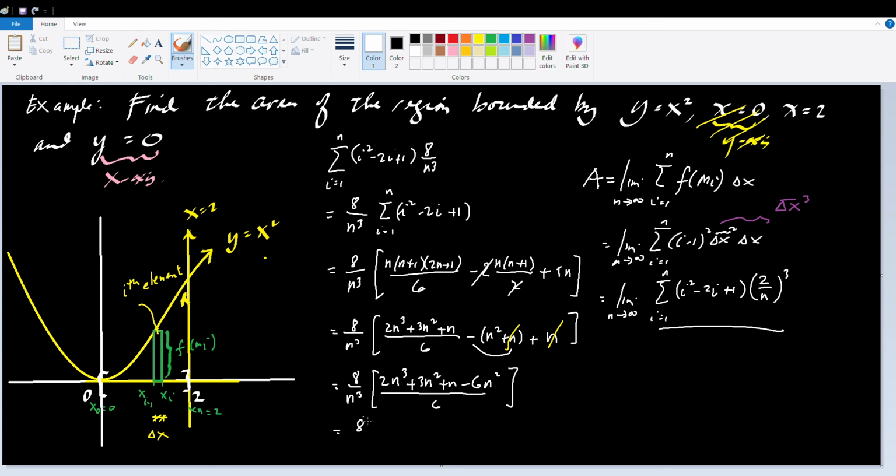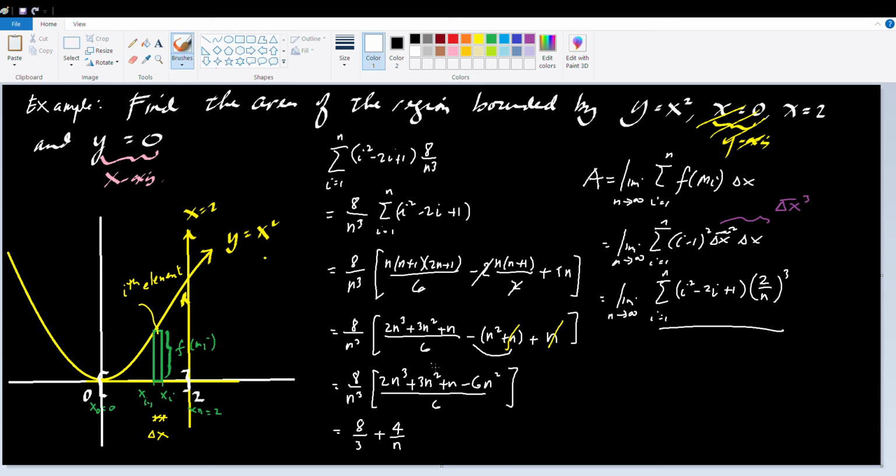That will be 8 thirds. n cubed will cancel. Plus 8 times 3n squared over n cubed 6. That will give us 4 n squared over n cubed, or 4 over n. Okay? Plus 8n over n cubed over 6.